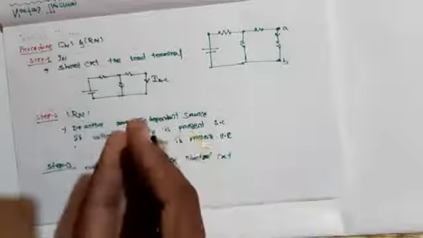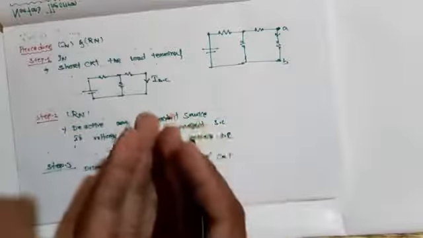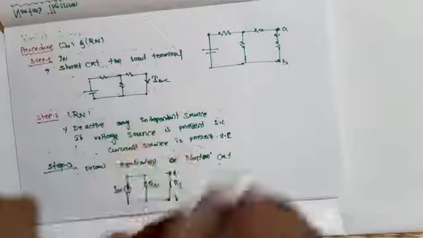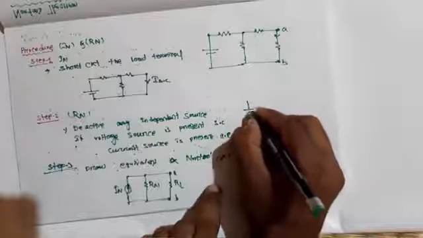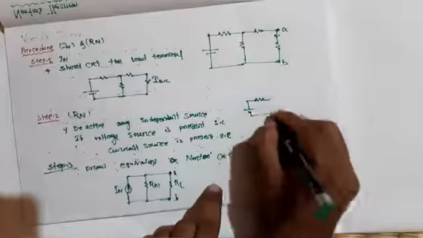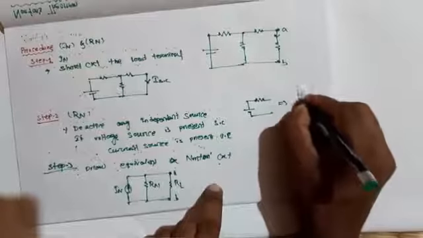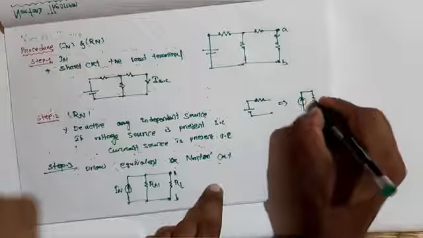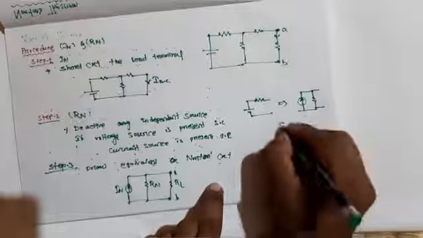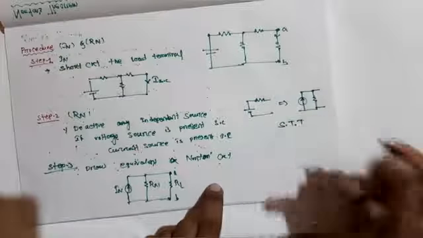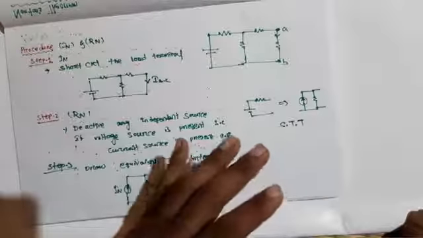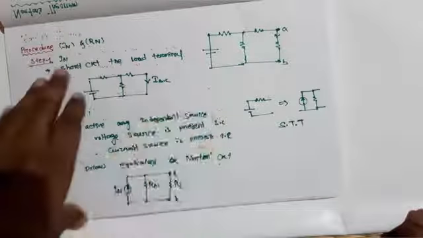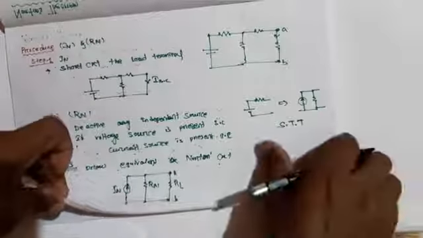You already know how to approach source transformation; if you don't know, link in the description. If a Thevenin equivalent circuit is given, we can convert it into Norton equivalent by just the source transformation technique. Next we go to a simple example to clarify our doubts.